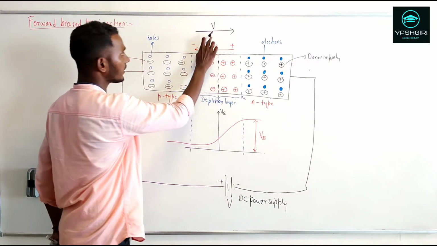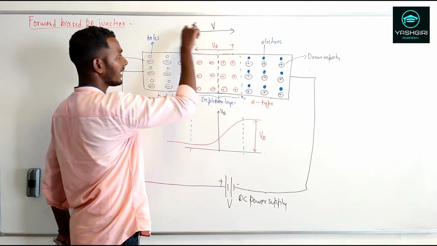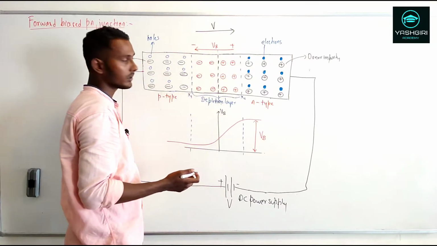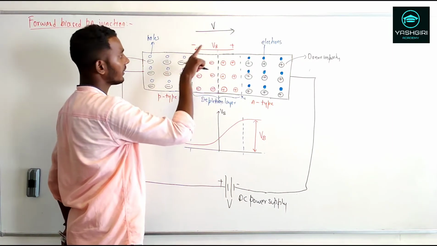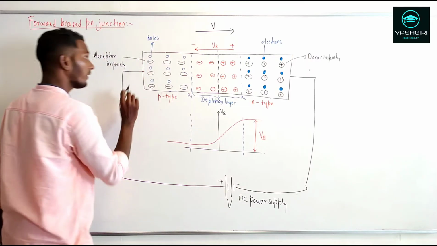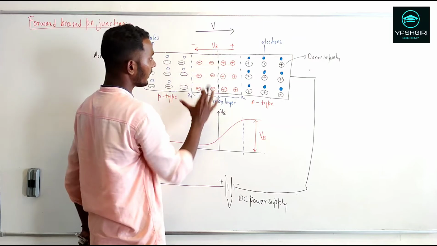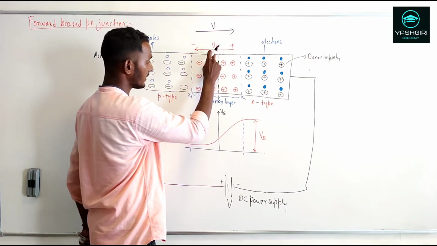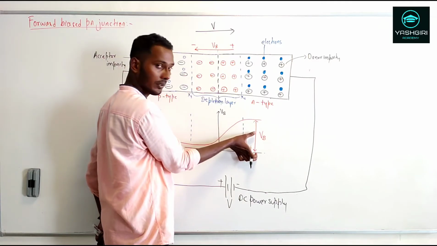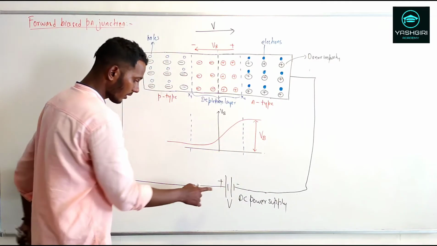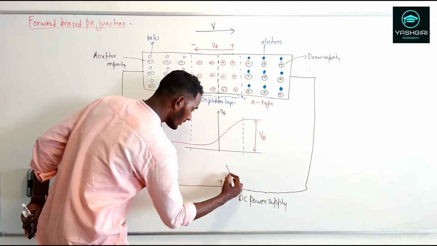Their electric field directions are exactly opposite to each other, which makes the resultant field very weak in the depletion layer. So the potential barrier height will decrease. Let me write this V over here.